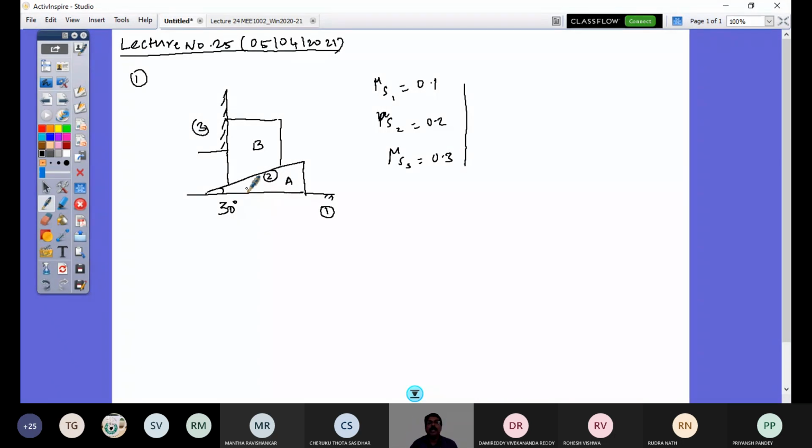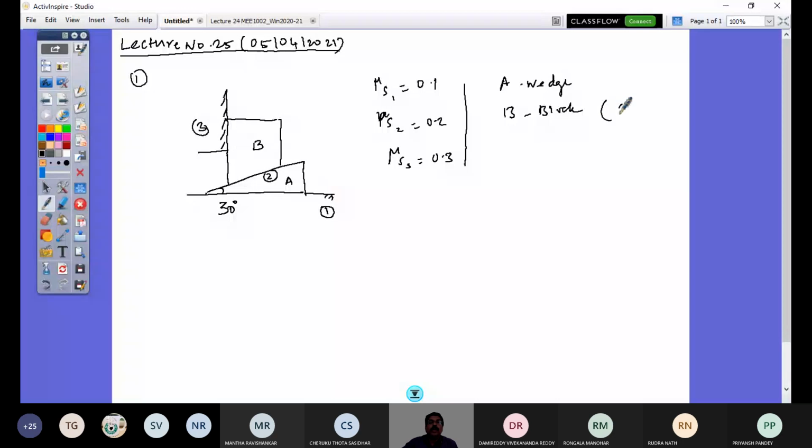Can you investigate and say whether it can stay at equilibrium? A is a wedge, B is a block. The block B is weighing Q Newton.